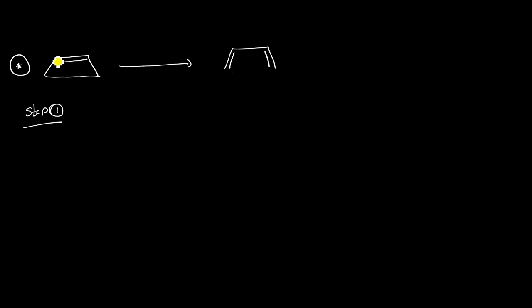So we have to draw those orbitals here, and we have the 2 orbitals like this. Now in this case you will see there are only p orbitals. Now the transition state is like this.